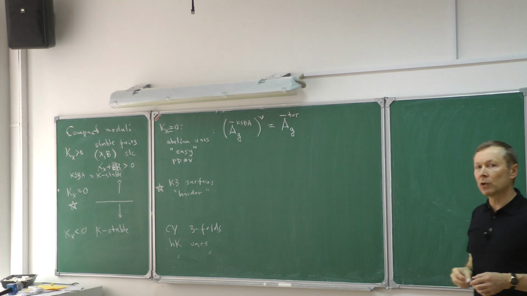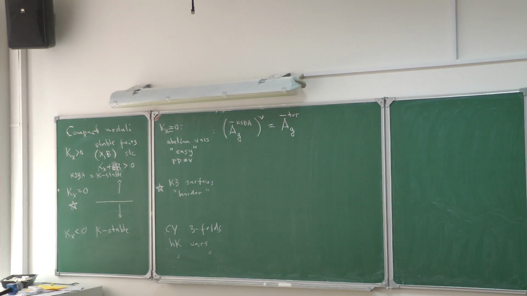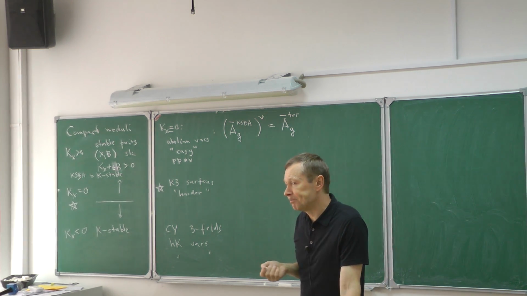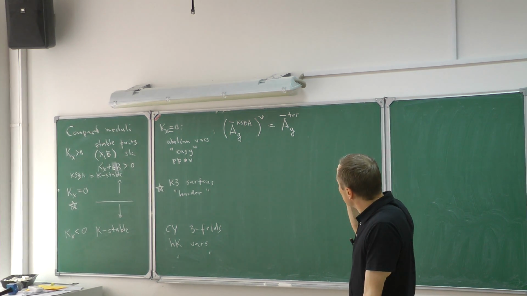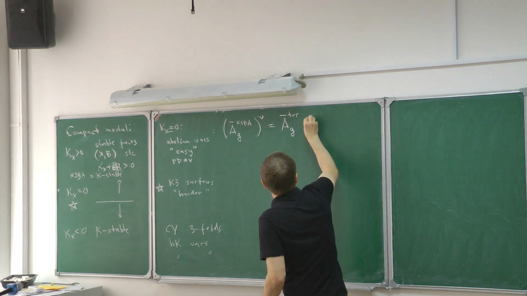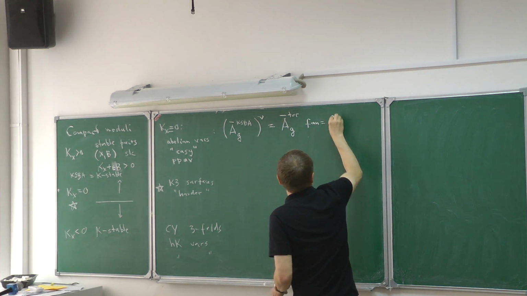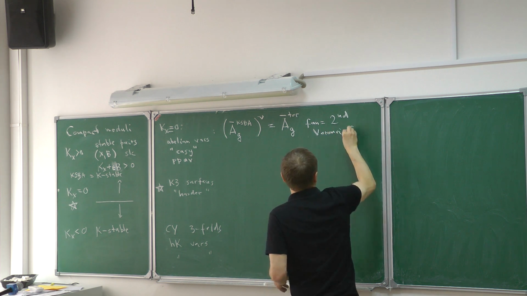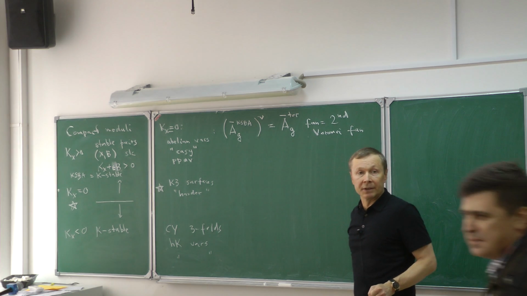There are infinitely many toroidal compactifications for A_g. They are like toric varieties. They correspond to fans. But there is one special fan, called the second Voronoi fan. Okay? So there is this statement.